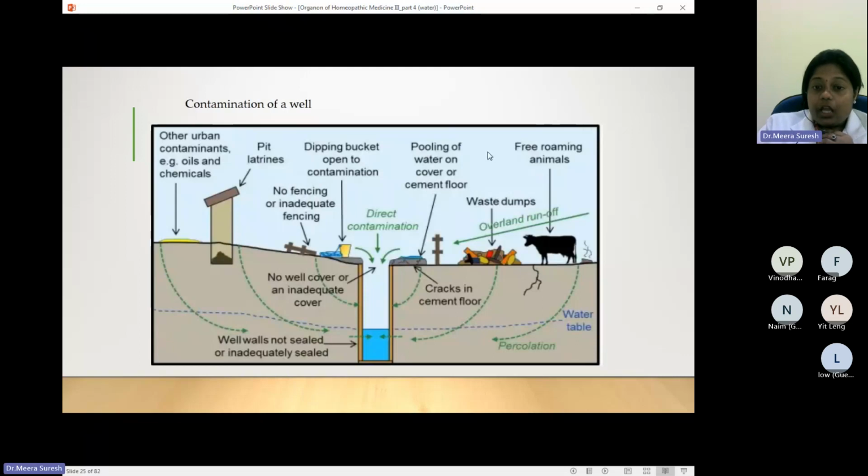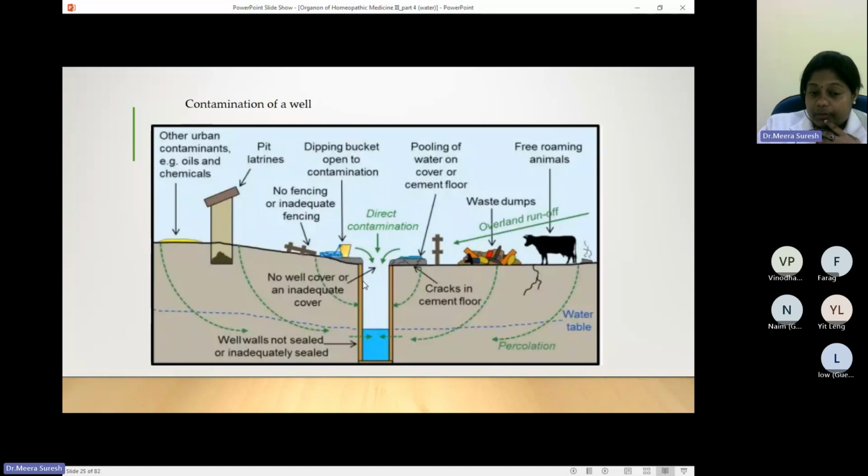Then there is pooling of water on the cement floor. If people are sitting there washing clothes or dishes, a pool of water will accumulate, and slowly this water can percolate and get into the water table, into the shallow well. Then dipping a bucket is open to contamination.